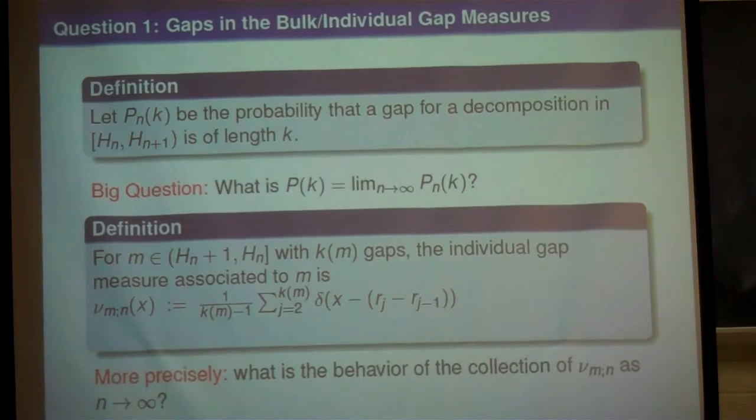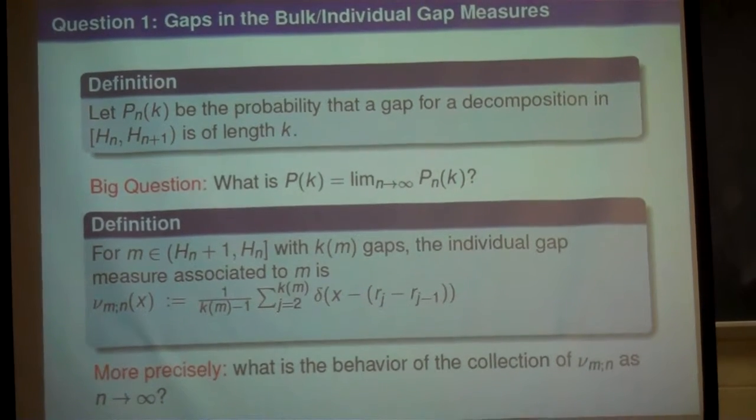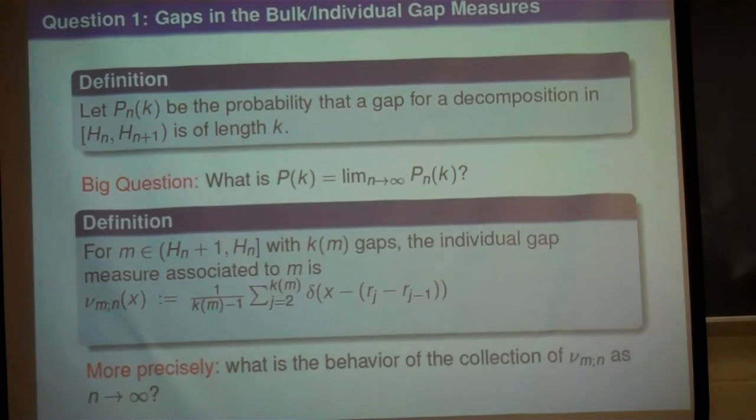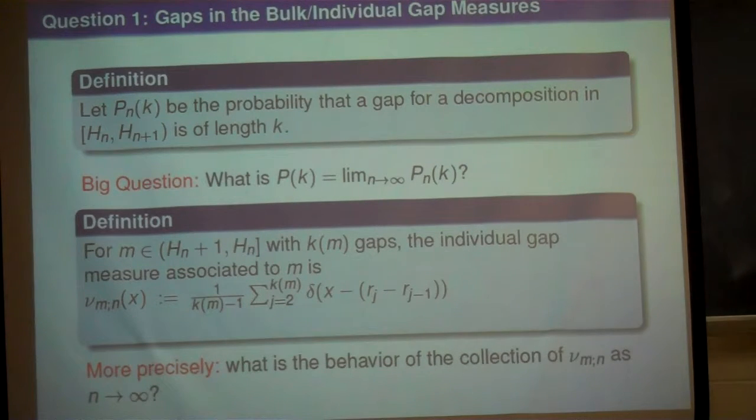Okay, so the first question I was asking was about the average length of these gaps. If I let P_n(k) be the probability that a gap for a decomposition in [h_n, h_{n+1}) is of length k, a question you might ask is, what is that probability as n goes to infinity? A slightly more sophisticated question, which corresponds to fixing a single number, or a single string, is this: if you fix a single number in the interval [h_n, h_{n+1}), I can associate a probability measure to it by picking a gap at random and looking at how long it is.